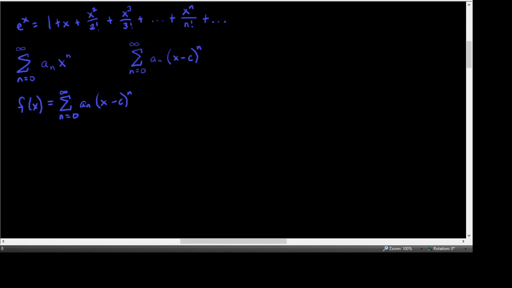Now, if you think about it, every single series will converge at its center because f of c will be the series from n equals 0 to infinity of a sub n, and if you substitute in c where the x is, of course that's going to be c minus c to the n, which is going to be a sub naught times 1, because anything raised to 0 would be 1, plus, and every other term is going to be a 0.